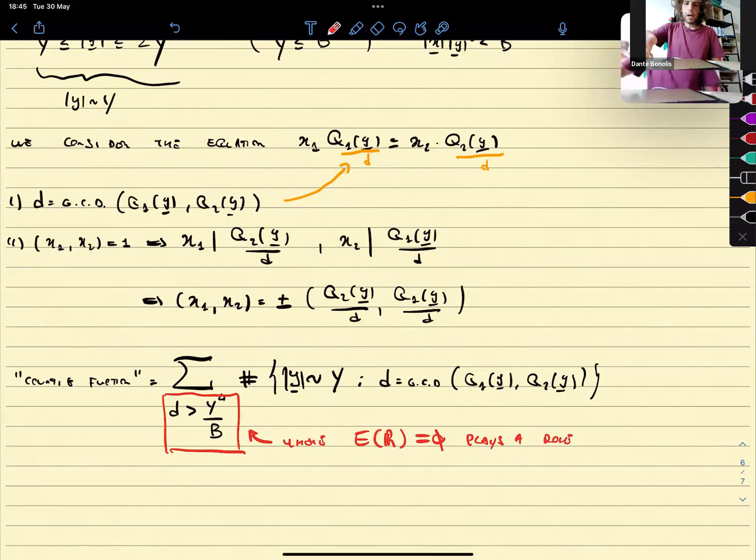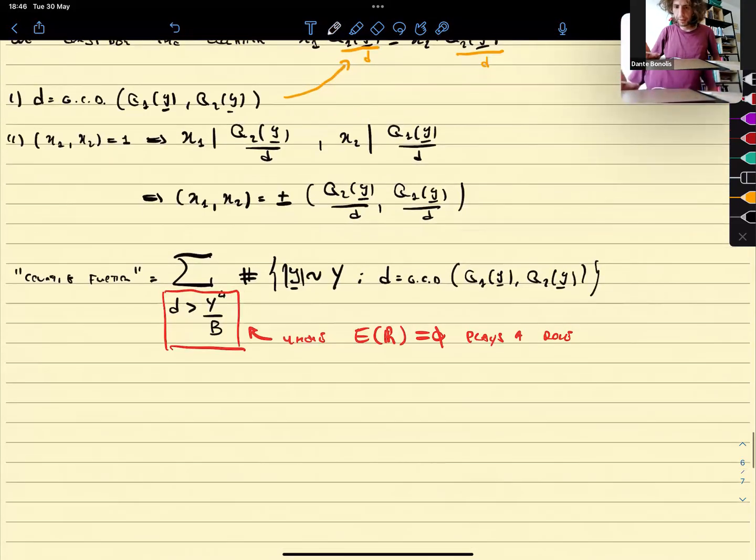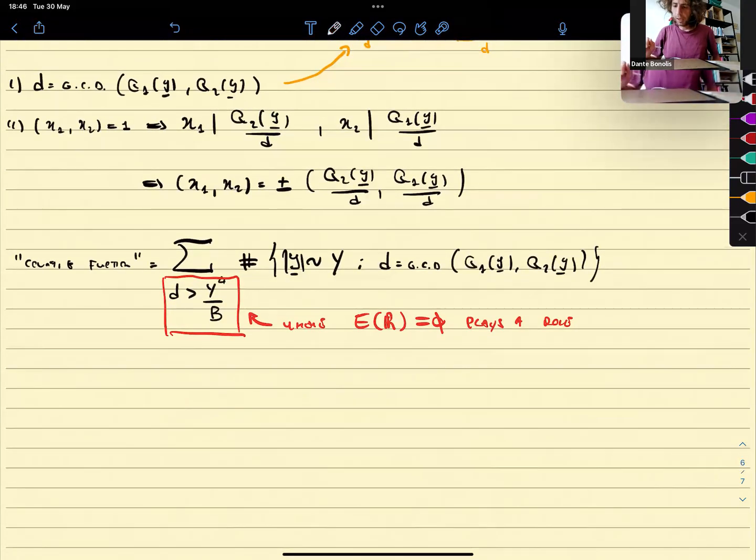I don't want to say why, but this is really the main feature of this condition in the theorem. And now, let's see how we can go on.